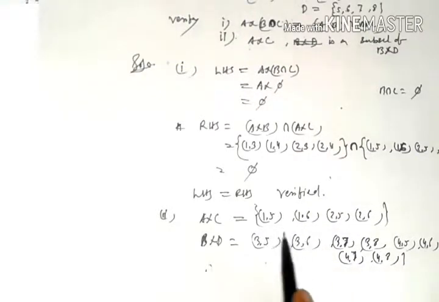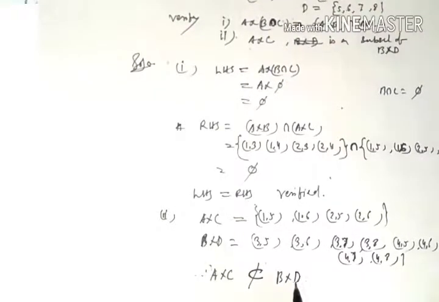Here the elements of A cartesian product C do not belong to B cartesian product D. Therefore, A cartesian product C is not a subset of B cartesian product D.